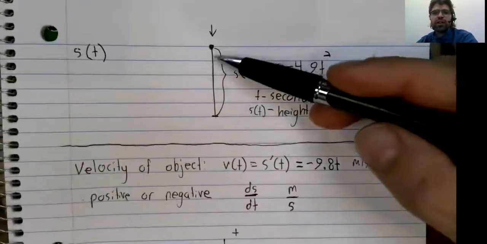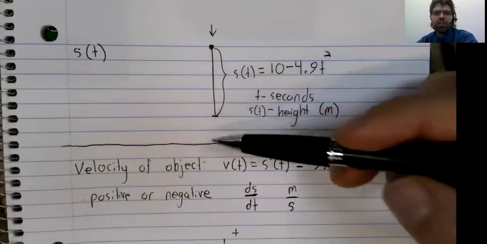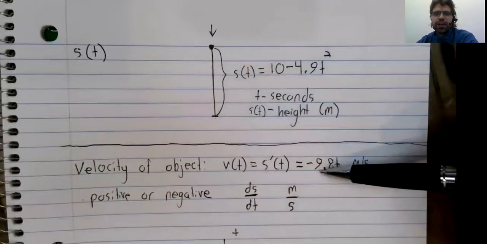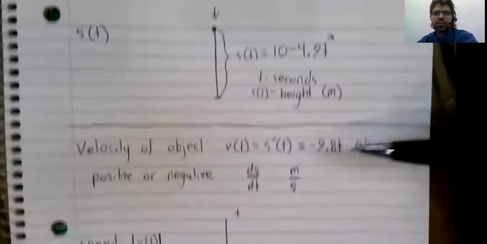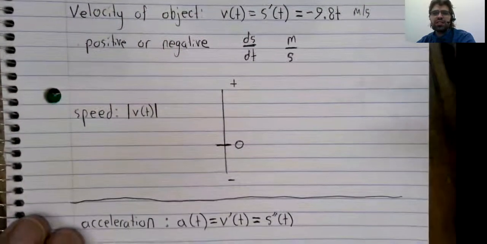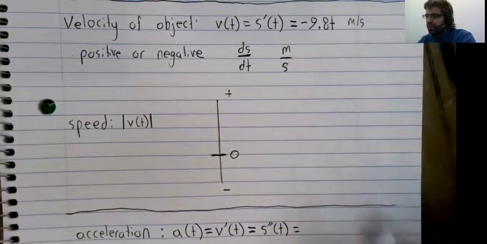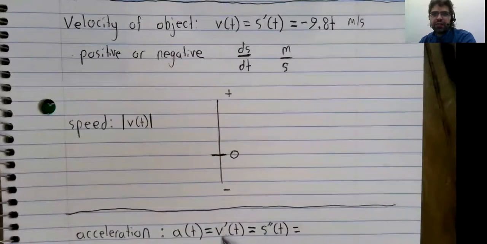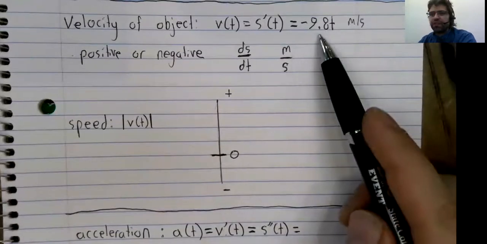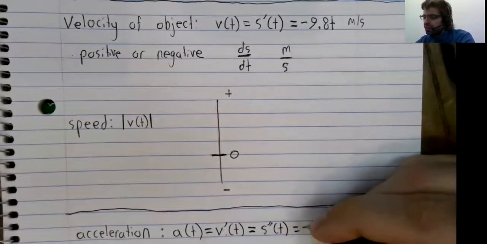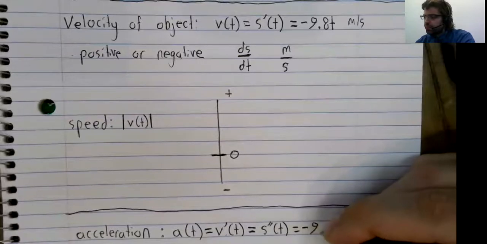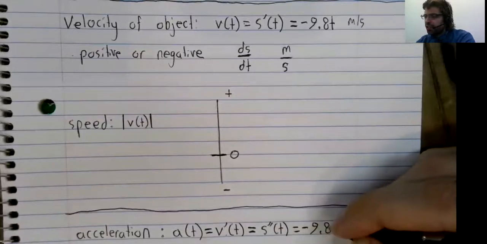Continuing to look at our falling object, we found its velocity to be negative 9.8 t. The derivative of negative 9.8 t is negative 9.8.